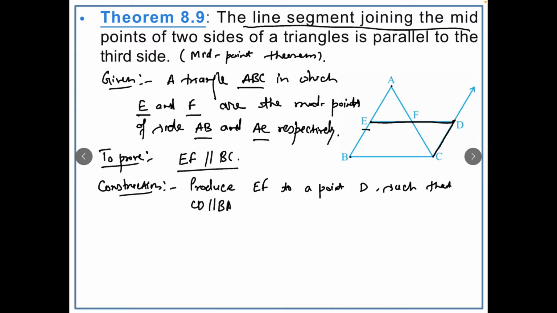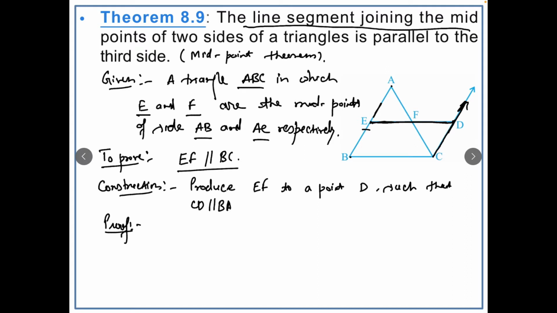By construction we have drawn this line CD, which has to be parallel to AB. First we have extended, that is produced, EF to a point D such that CD is parallel to AB, or you can say BA. Now let's start its proof.